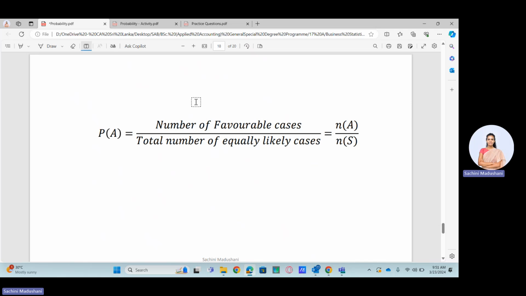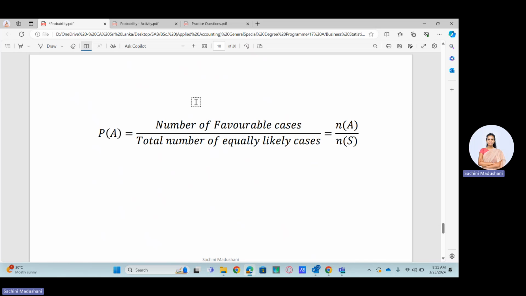Understood? When the two events are mutually exclusive, how do we get the union? Probability of A plus probability of B. If the two events are not mutually exclusive, then we use the addition law of probability. Understood?